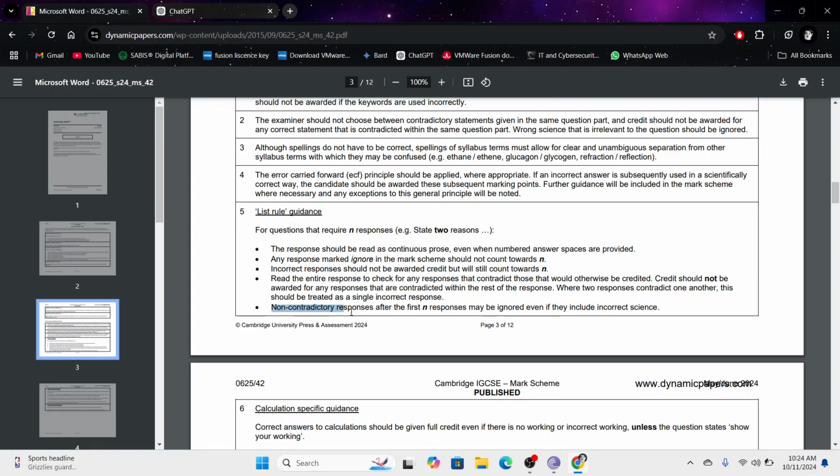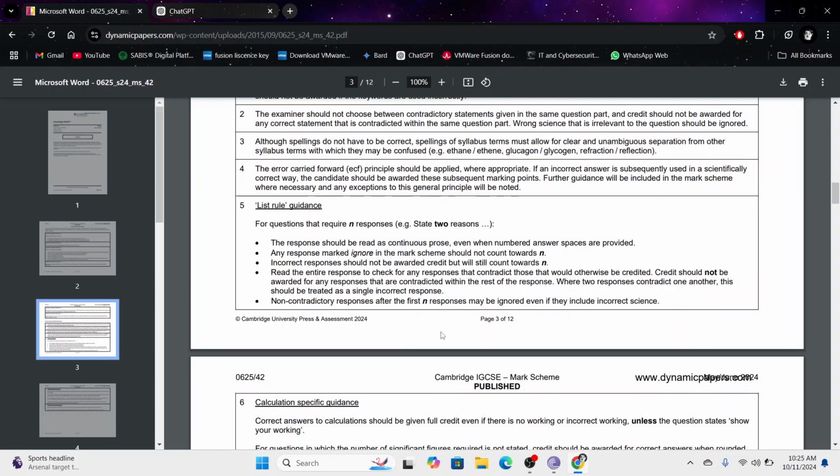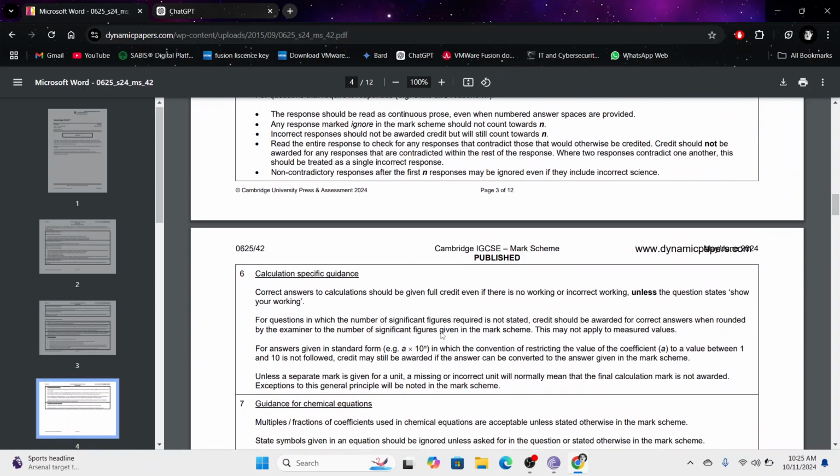Now, non-contradictory responses after the first responses may be ignored even if they include incorrect science. So you stated your 2 reasons, and your 2 reasons weren't marked ignore. After, for example, your third response, if it was wrong, they'll ignore it. They won't consider it. But that's only if you fulfill the number of responses they want.